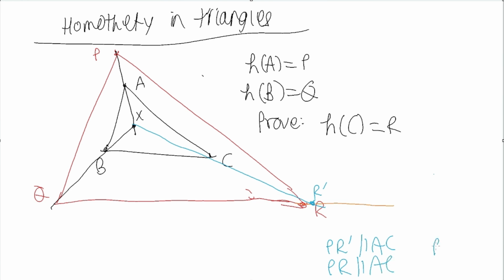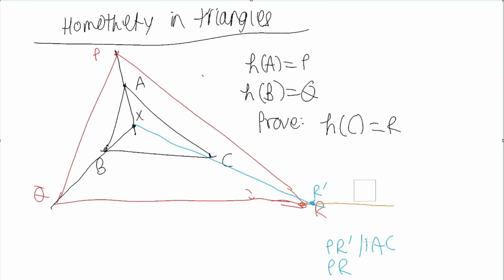And this forces R equals R prime. So it's just a very quick proof. But the fact that H of C is equal to R just follows from our homothety identification theorem, where the relative positions with respect to points are fixed by homothety.